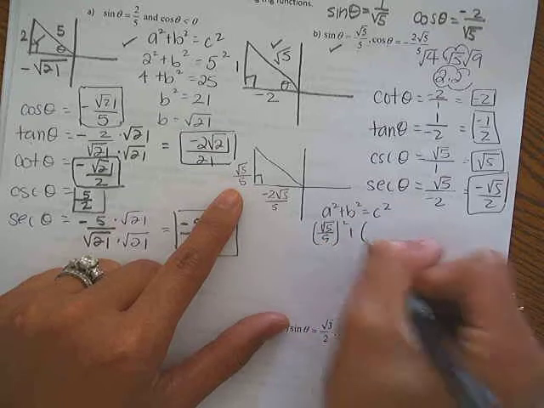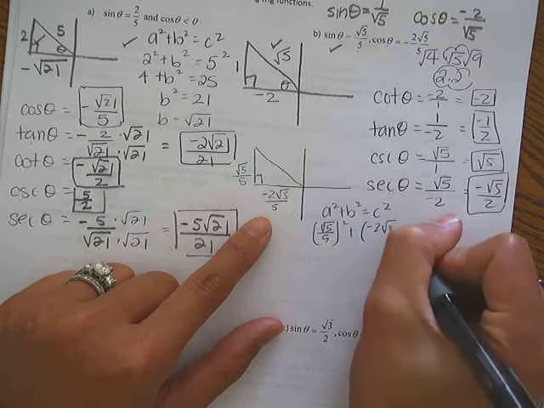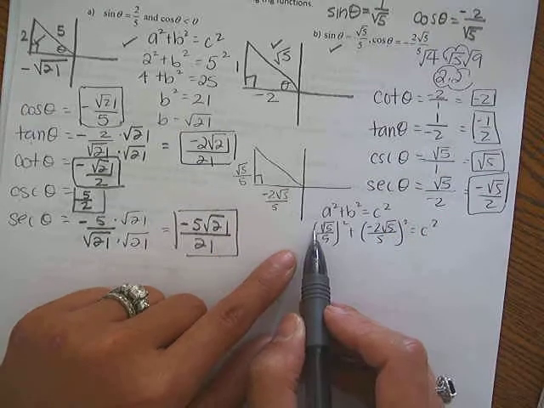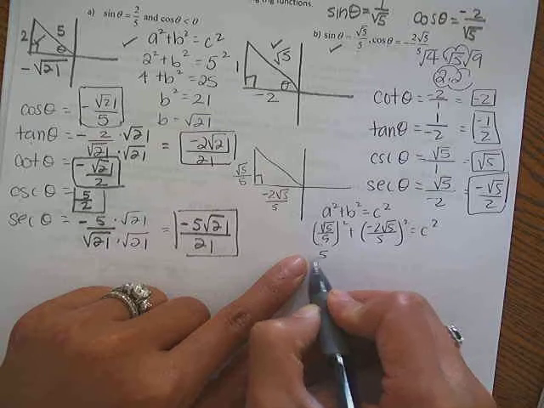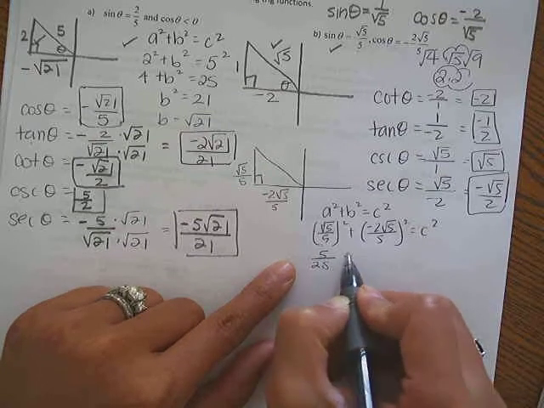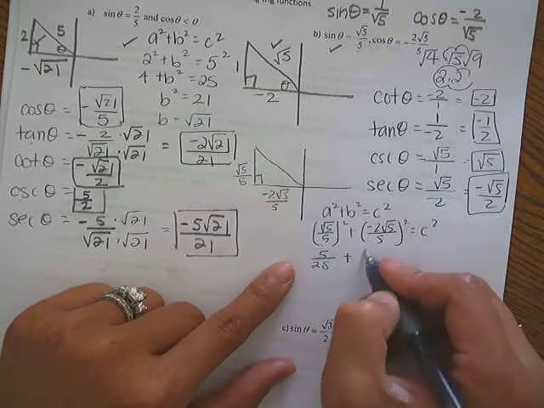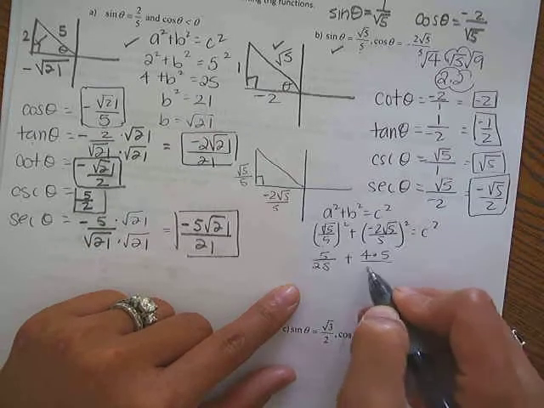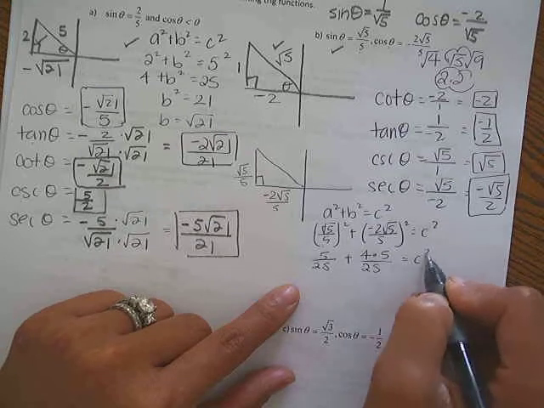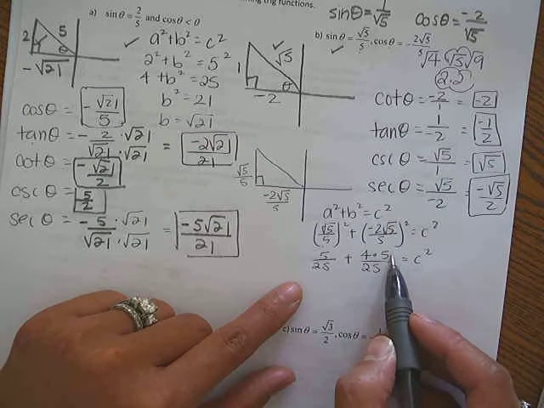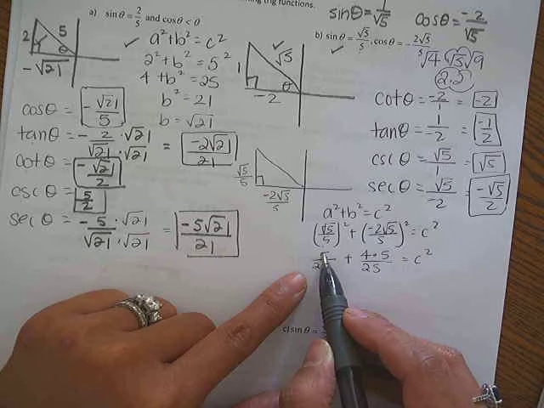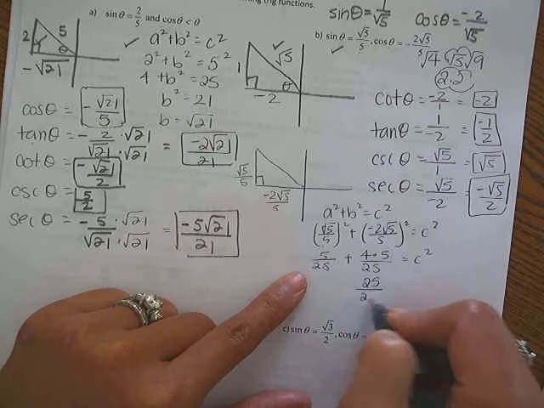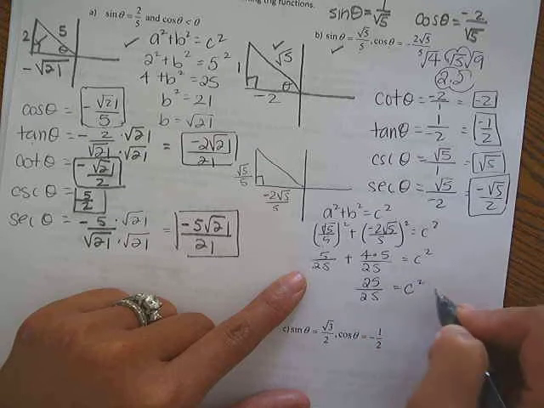You just have a little bit more work. Negative 2 rad 5 over 5 squared equals c squared. Rad 5 squared is 5. So 5 squared is 25, plus negative 2 squared is 4 times rad 5 squared is 5, all over 25 equals c squared. 4 times 5 is 20. 20 plus 5 is going to give me 25 over 25, which gives me 1.